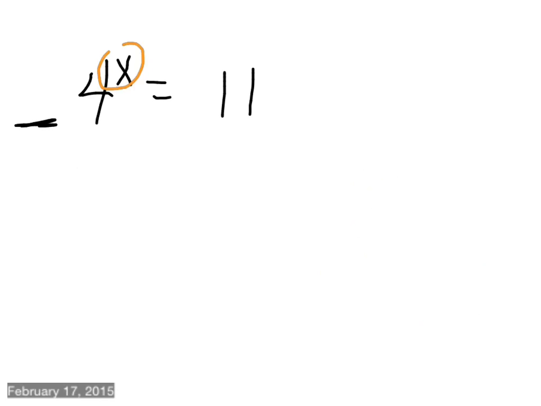So what I'm going to do is, if I do something to one side, I've got to do it to the other. I'm going to log both sides. What I mean by that is I'm going to put a big log into each side. So the original problem was 4 to the x equals 11. I'm logging both sides. Here's why I do that.